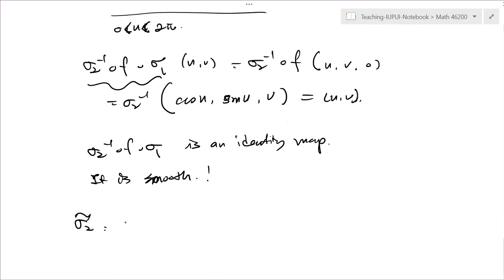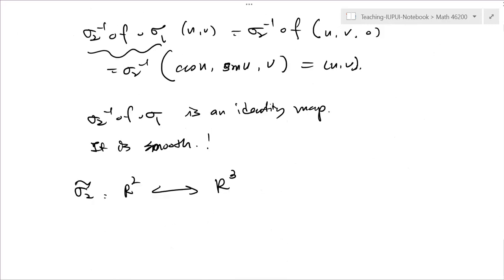So that is going to be U2 to R3. How can I cover this, right?